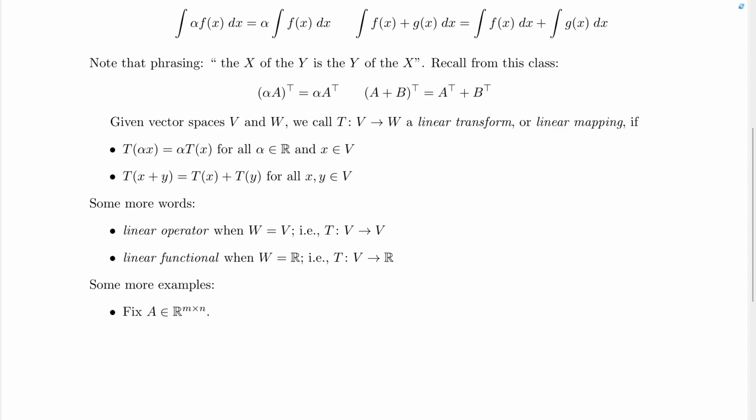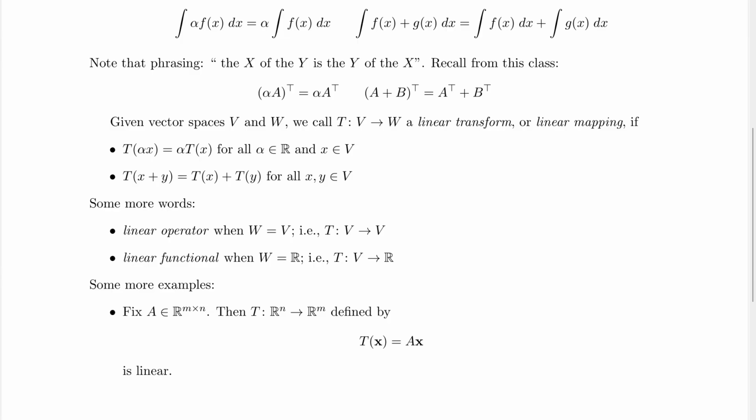So if I now create the function that goes from Rn to Rm, defined as follows: give me a vector of Rn. Well, the matrix is M by N, so I can multiply X by A. And that will output a vector that lives in Rm.